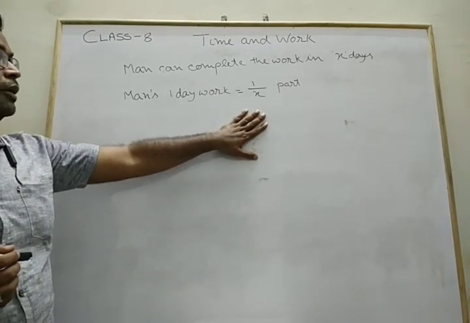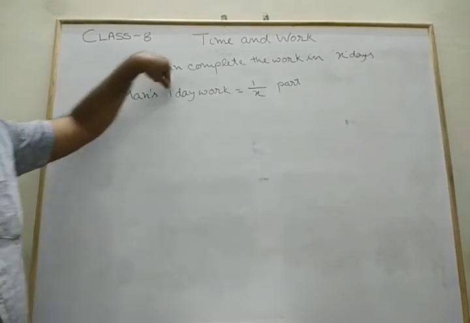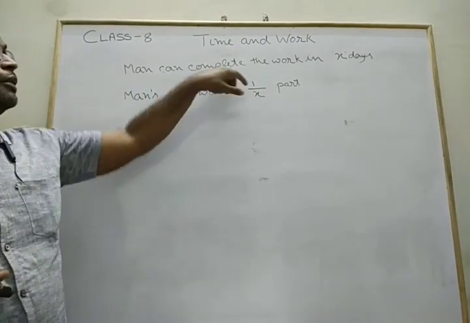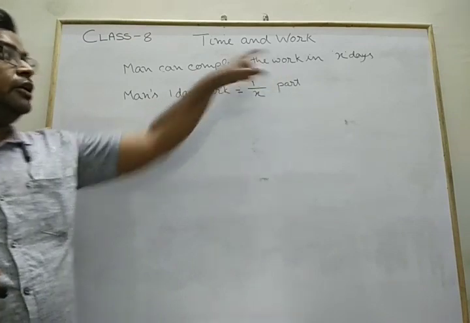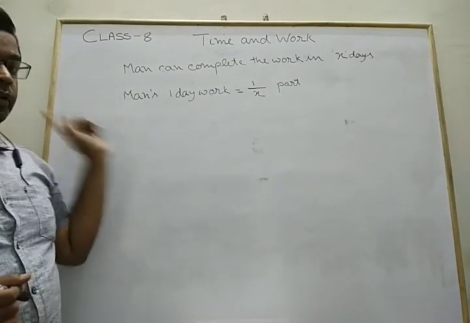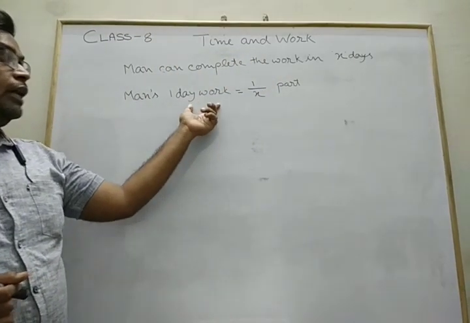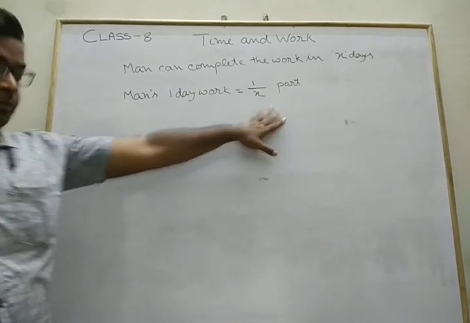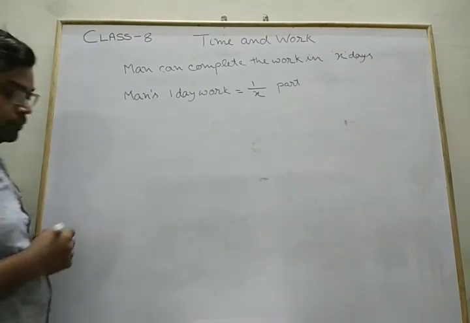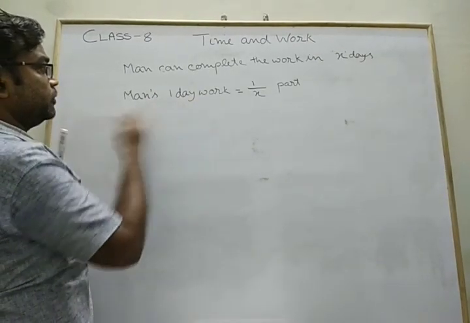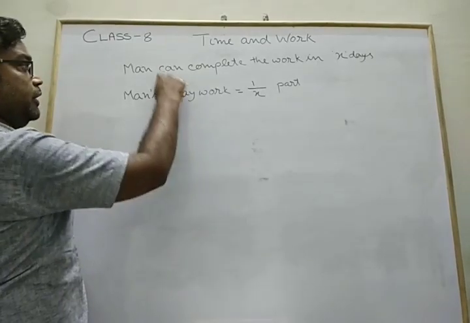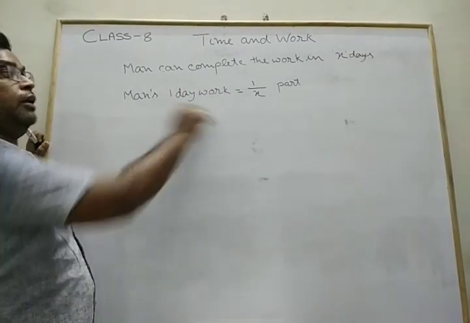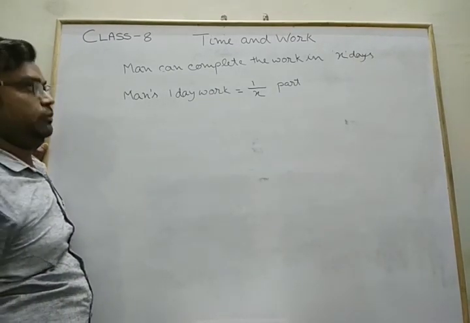The very first concept: suppose a man can complete the work in x days, total one work. Then in 1 day, what part of the work is completed? It's 1 upon x part. From this you can find the one day work if the complete time is given. And if only the one day work is given, how do you find the time? It's easy.